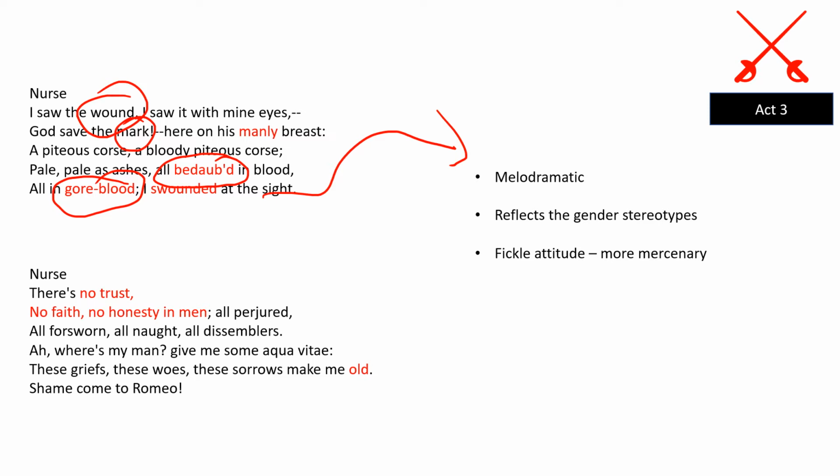But also what's quite interesting is this idea of gender stereotypes there. So she swooned at the sight, so she fainted because of the sight of it.